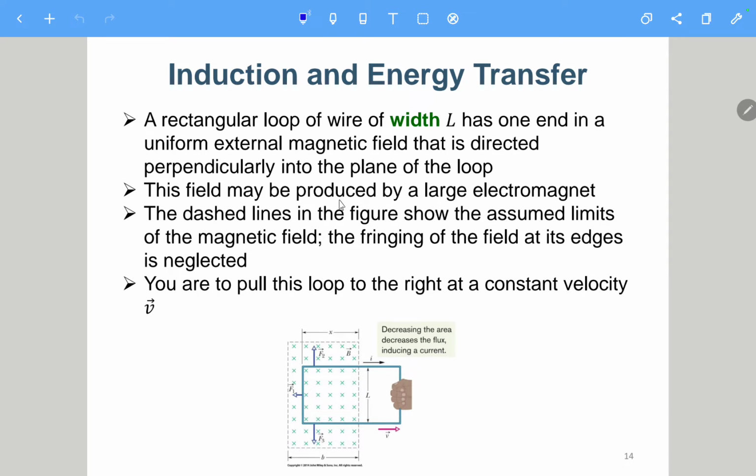This might produce a large electromotive force. The dashed line in the figure shows the assumed limits of the magnetic field. The fringing of the field at its edges is neglected. So you are to pull this loop to the right at a constant velocity v.